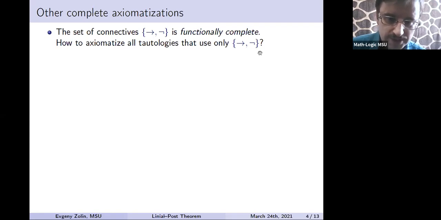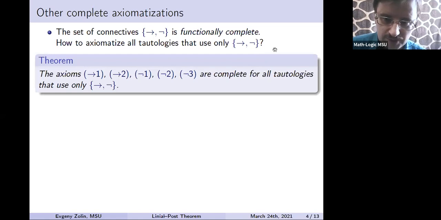We already discussed this at the first lecture. The answer is that we can take the axioms for implication and for negation, and these 5 axioms are sufficient to prove all tautologies. But again, we need to build a separate proof of this theorem.